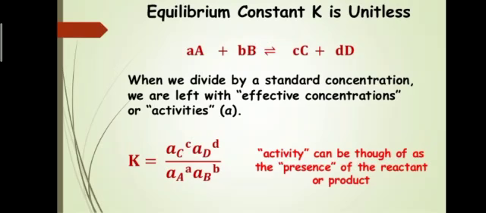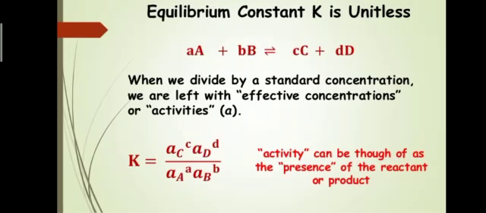In the third case, Kc has units for a reaction in which the number of moles of product is less than the number of moles of reactants in a balanced chemical equation.